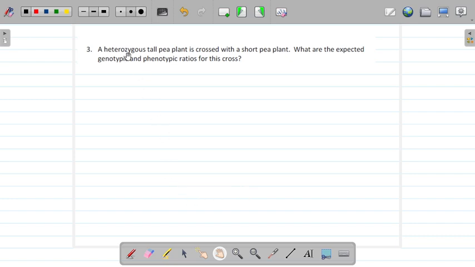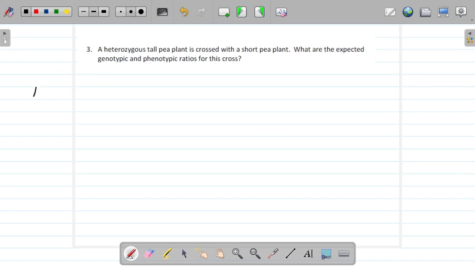What are the expected genotypic and phenotypic ratios? Now, the answer is no longer in the form of probability or fractions. It's no longer in the form of percentage. Now it's in ratios.